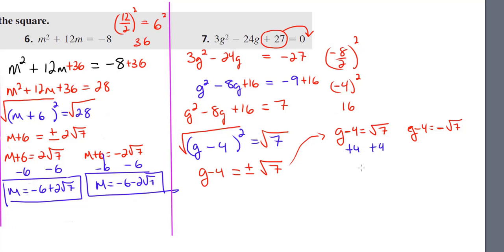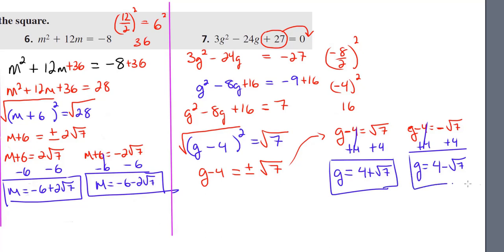We're going to add 4 to both sides of this first equation, and this gives us our first solution, g equals 4 plus radical 7. And in the second equation, we're going to add 4 to both sides, and this gives us our solution, g equals 4 minus radical 7. So these are our two solutions.